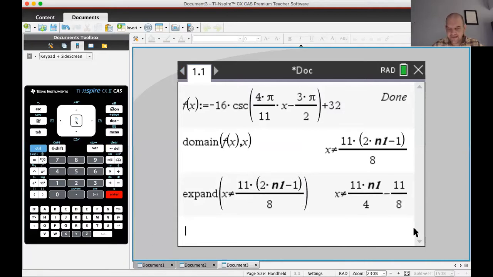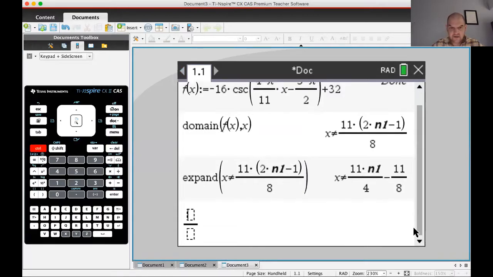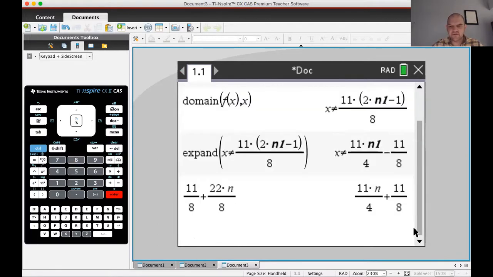Okay, so my answer was 11 over 8 plus 22 n over 8. I always want to put pi in, just like, okay, so what if I let n equal negative 1, right? And see if I get negative, well, let's see.